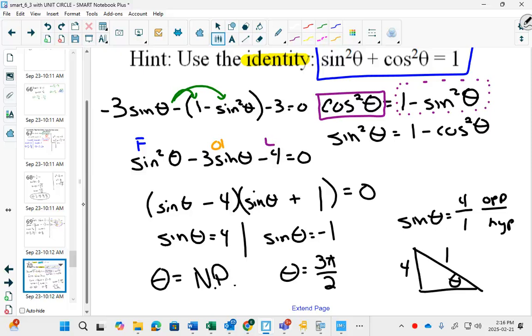If you leave it blank, the exam marker can't tell, did you know that it was not possible, or did you forget? So you do have to say that it's not possible. Sometimes you write not possible, put an X through it, something like that, showing that you know for sure that you can't solve that. So this one only has one answer.